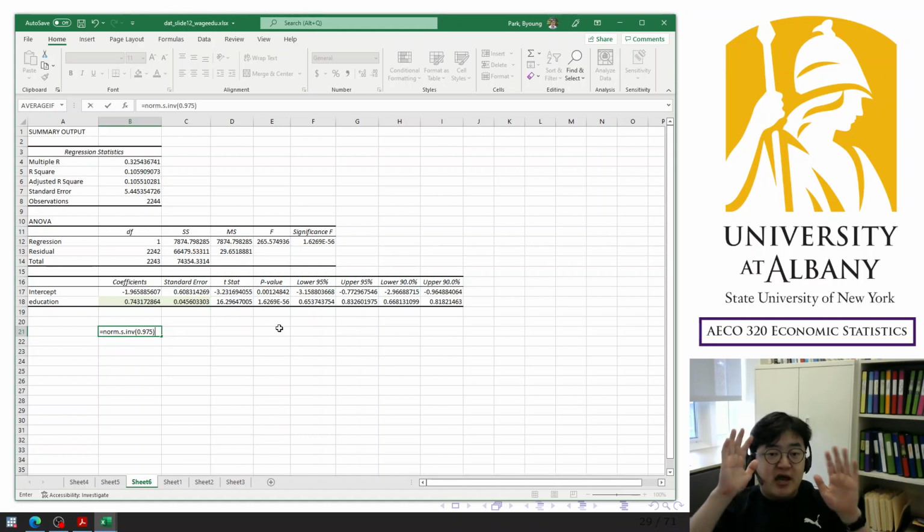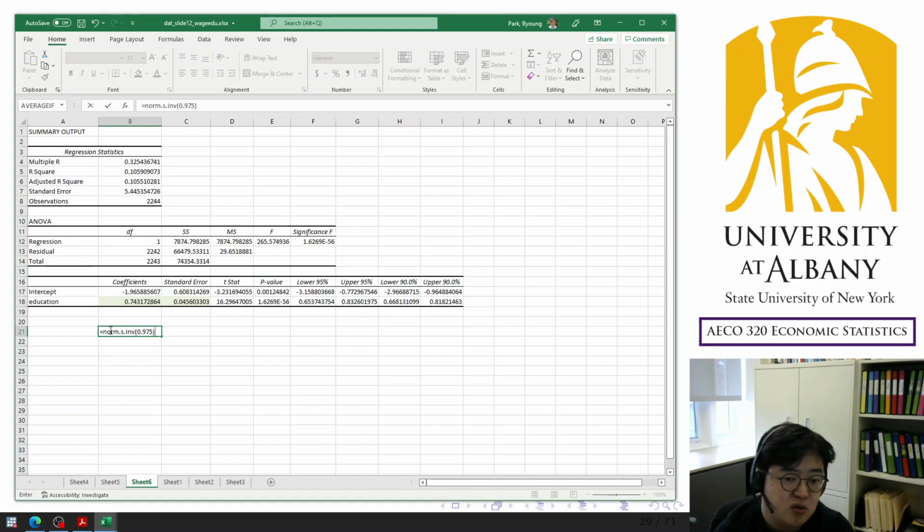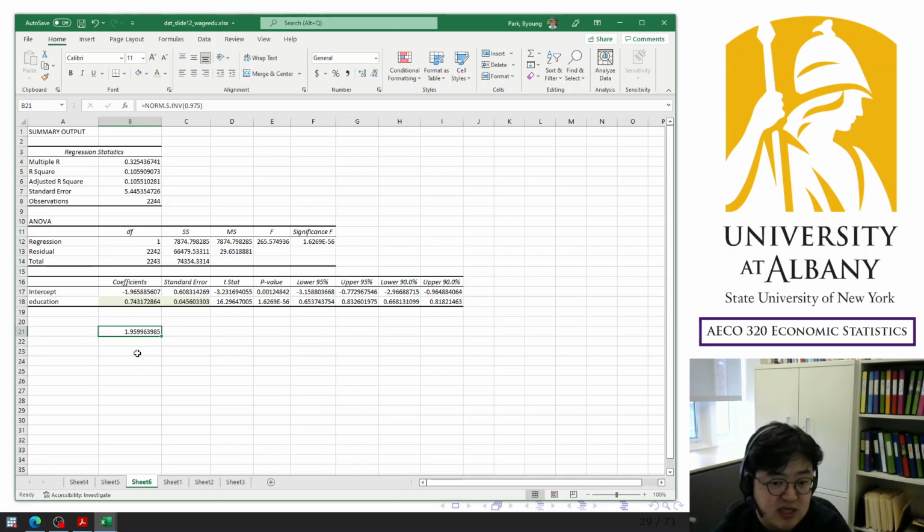Remember, that is the top 2.5% value, so in terms of cumulative probability, it corresponds to 97.5%. If you use NORM.S.INV, the standard normal inverse, at 97.5%, then it is approximately 1.96. I'm going to use that.